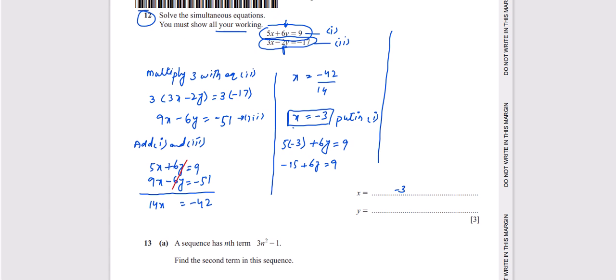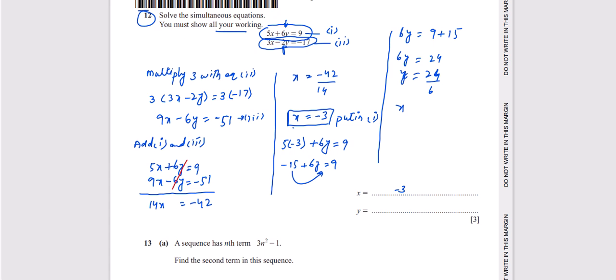So minus 15 shifts to this side. 6y is equal to 9 plus 15, that is equal to 24, divided by 6.